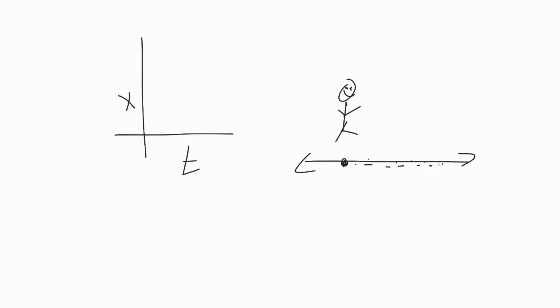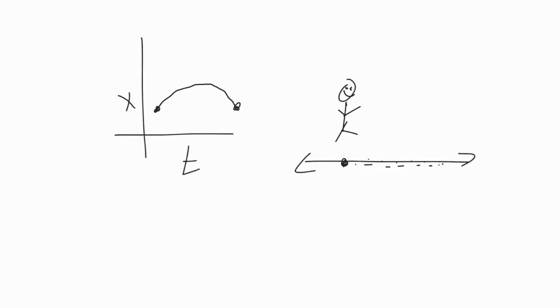Well, you would have started at some position here. You would have gone away from that position, so your x value would have increased, and then you would have come back to where you started. It's like you're running on the line, so you run away and then you end up back where you started. Imagine yourself running this way and then you go to turn around and come back.